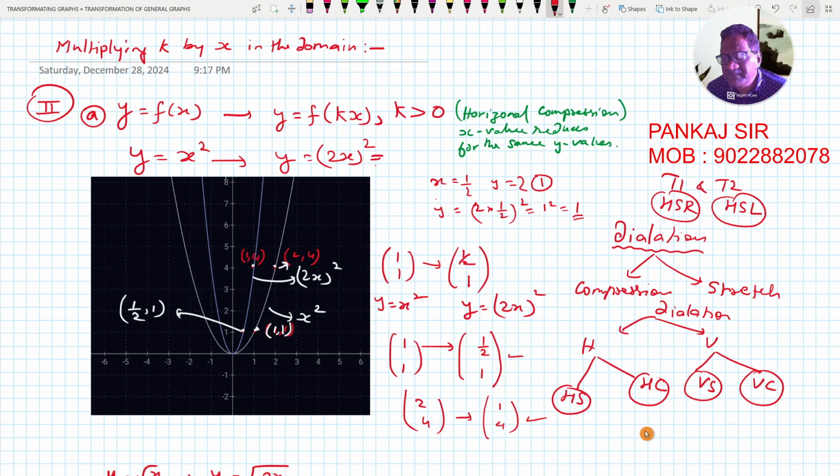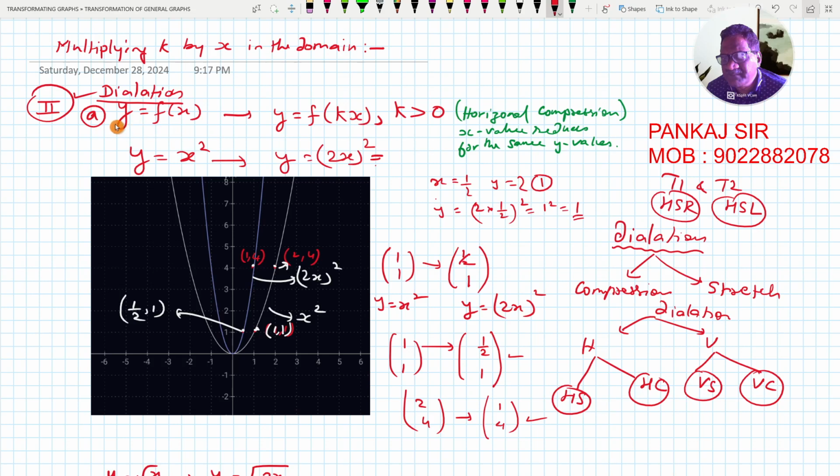Coming to this second part, the second type of transformation is in general known as dilation. Now let us try to understand this.